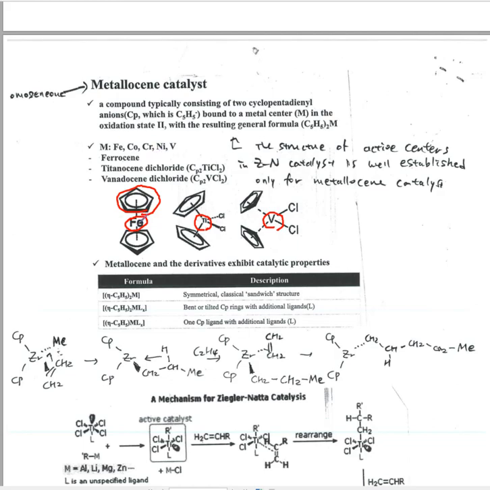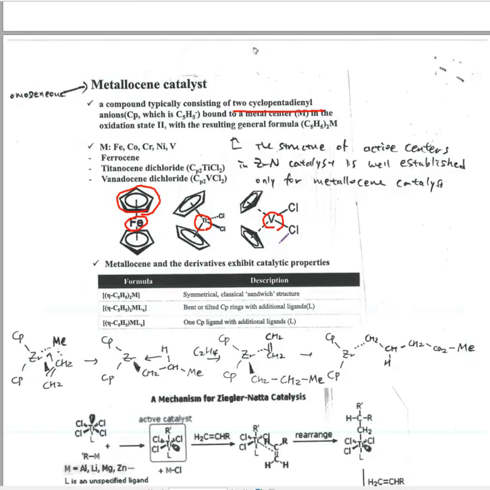It generally contains two cyclopentadienyl anions bound to the metal center. And these catalysts are homogeneous catalysts, which basically act similar to the Ziegler-Natta catalyst.